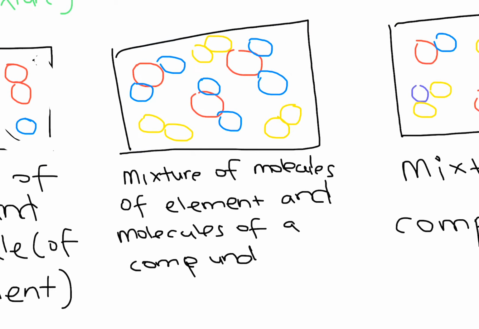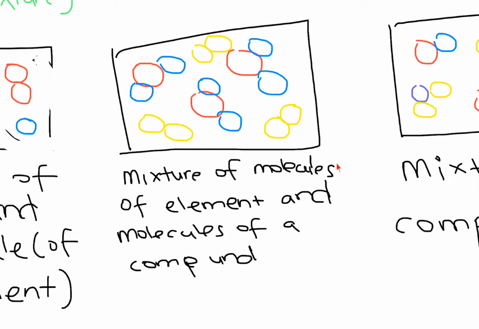The third example, you have this one over here. These 3 here are compounds because they consist of 2 or more, so in this case 2 different types of elements combined together. So these are compounds, and the yellow ones are elements.